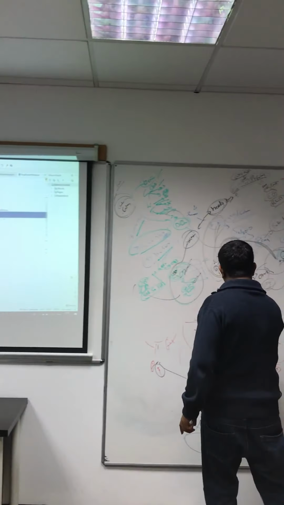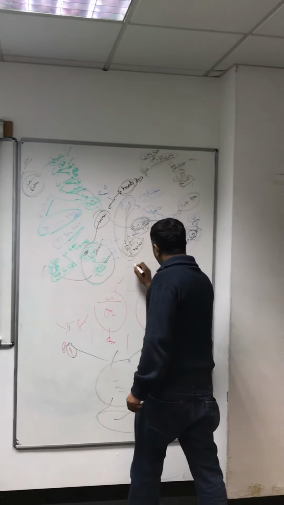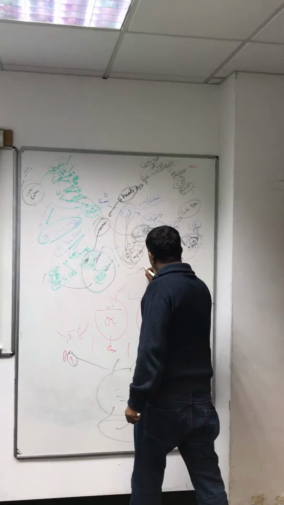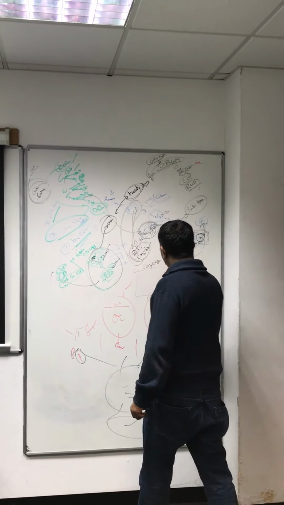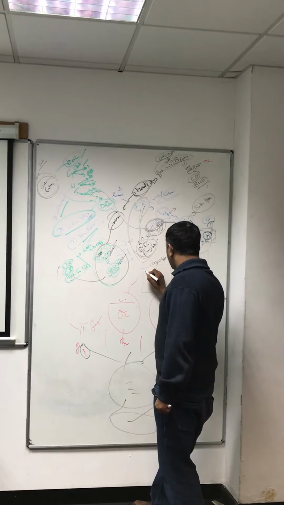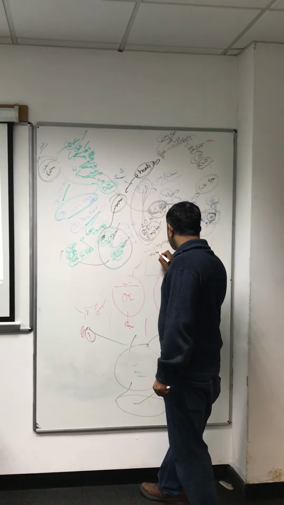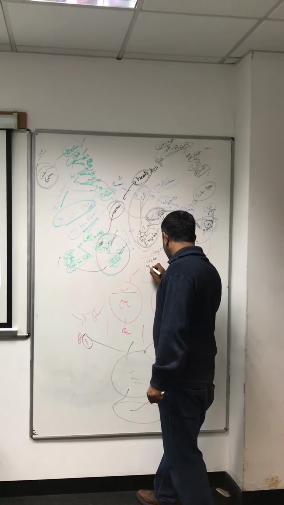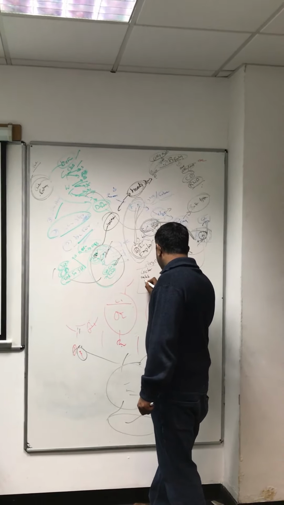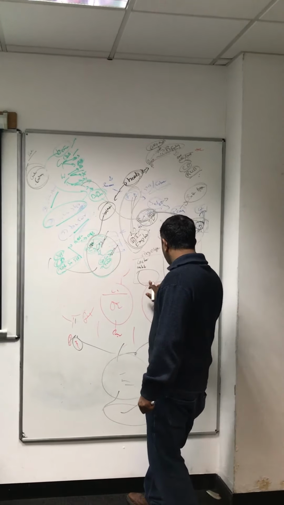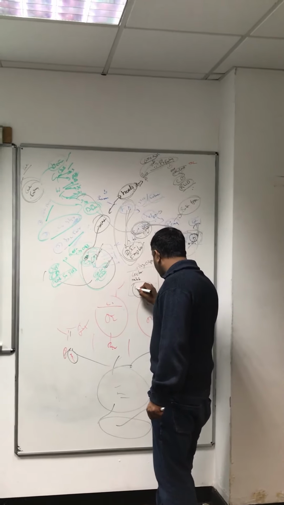So tell again, your page object. What will the page objects do? Page objects will have locators, will have methods. And what will these methods do? They will use locators.